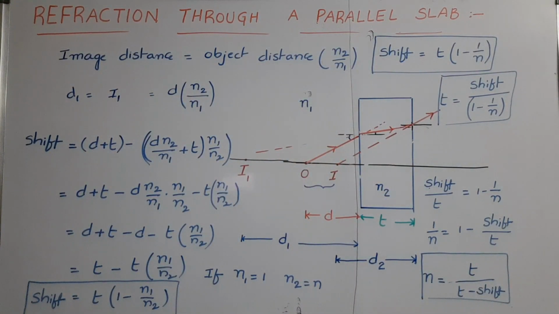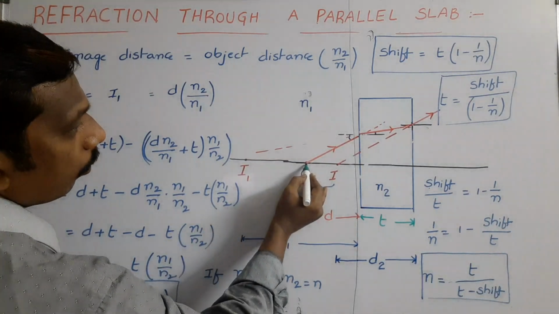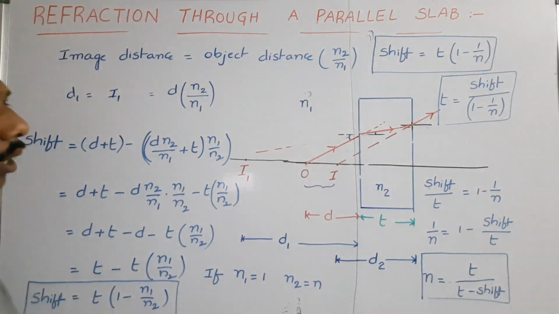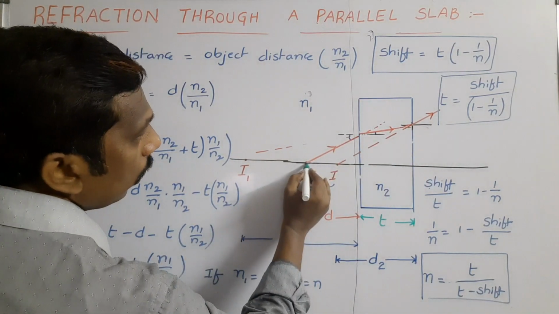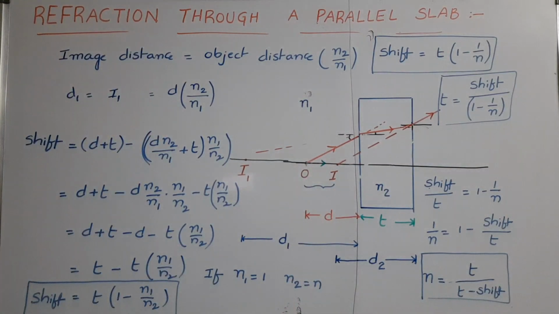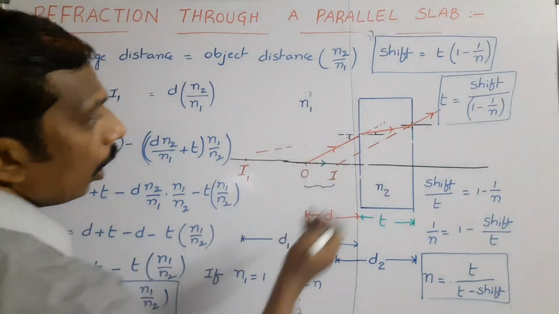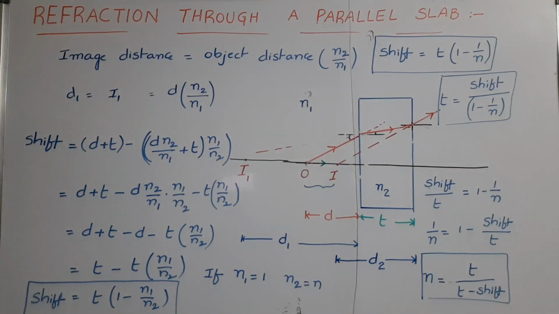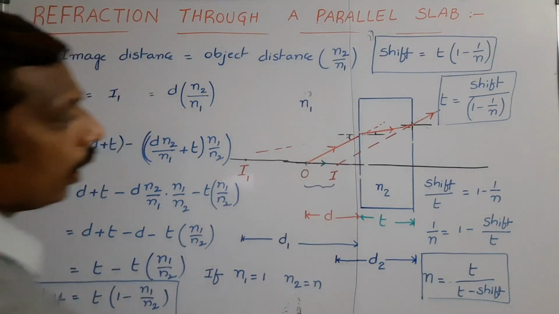In which direction does the shift take place? If you observe here, the shift takes place in the direction of the light ray. The light ray travels from left to right, so this shift also takes place toward the right. That means along the light ray direction, or here in this case toward the glass slab.